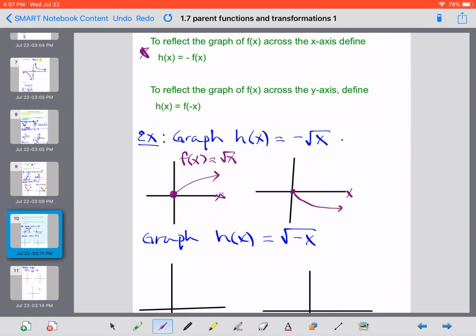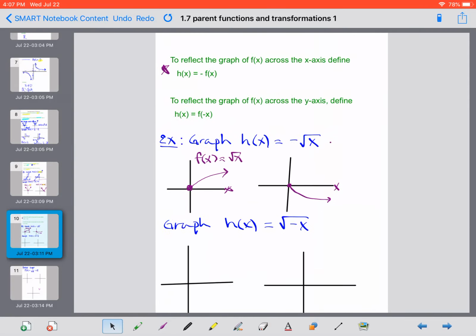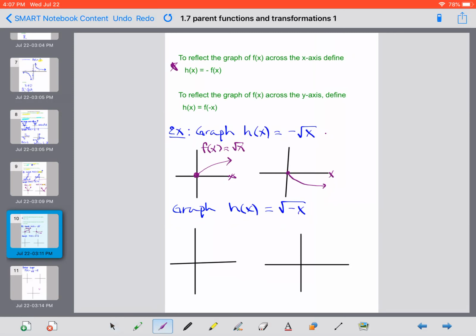Okay. What about the second example? In the second example, it's going to be the same parent function. We're still going to start with f of x is the square root of x. But now, we've replaced x with negative x. That is, our h of x is going to be f of negative x.